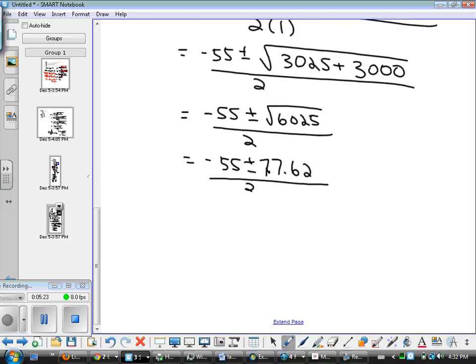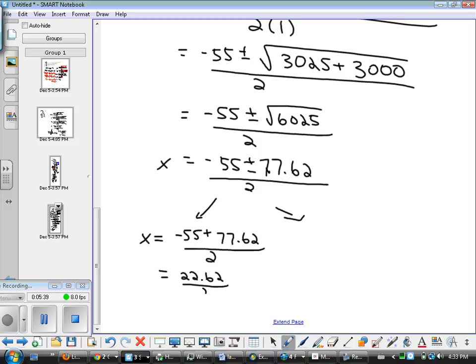All over 2. Now when you have that plus or minus, you can just go in your different directions here and say we can have x equals negative 55 plus 77.62 over 2, which is equal to 22.62 over 2, or 11.31 centimeters, right? Or we could say x is equal to negative 55 minus 77.62 all over 2, which is equal to negative 66.31.